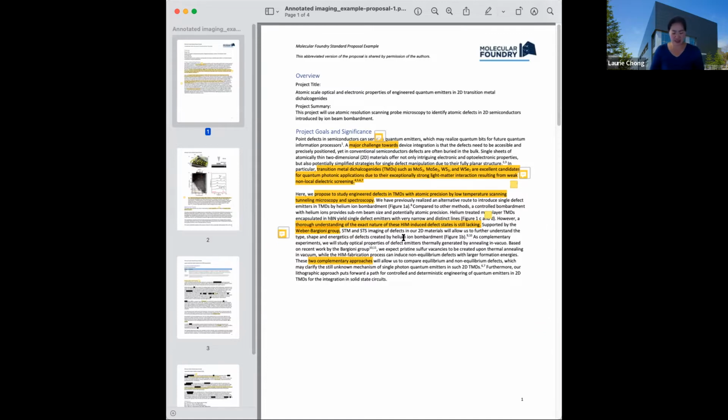It's basically trying to marry the resources at the Foundry with your idea. Why is it that the Foundry is the place that is absolutely needed for your idea? For example, on our imaging floor, we have a few TEMs that are fairly run-of-the-mill. So why do you need to come to the Foundry to use our TEM?